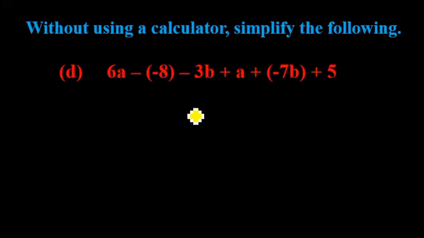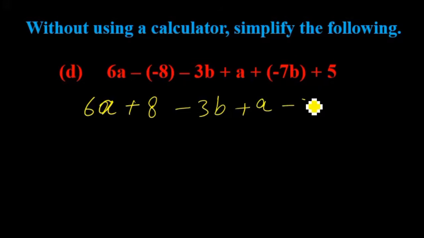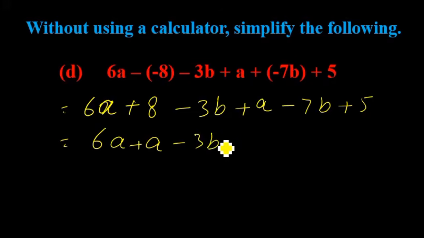So again the same process, 6a minus minus plus 8 minus 3b plus minus plus a minus 7b plus 5. So again rearrange the variables, same variables, 6a plus a minus 3b minus 7b plus 8, constant value at the end.